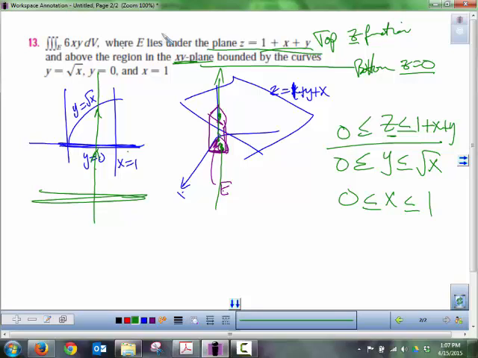So I think taking advantage of symmetry would be a little trickier. And usually when we see something that's circle-like, instead of taking advantage of symmetry in x and y, we probably just want to go polar for that.